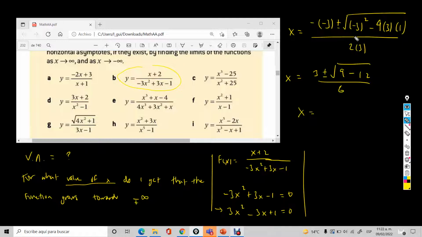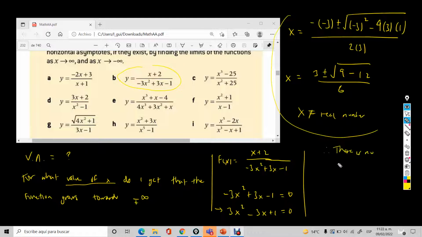Okay, so what we can see here is that this is not a real number, right? You see, guys? x is not going to be a real number. So basically, the question that we asked is this: for what values of x do I get a 0 in the denominator? And this process of solution tells me there is no such thing.